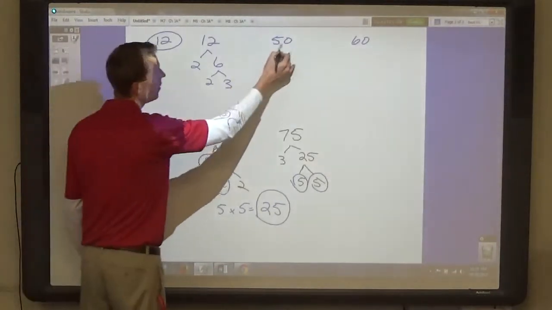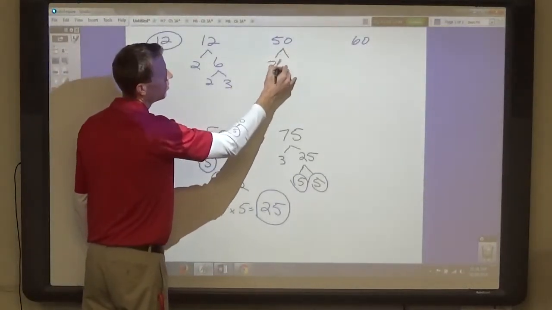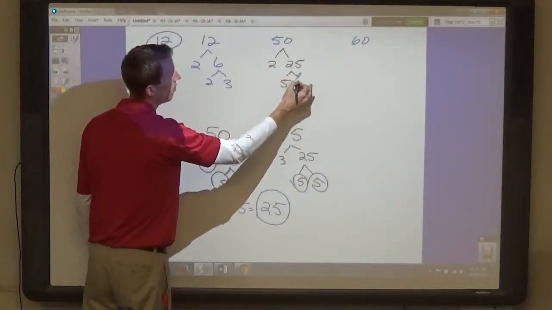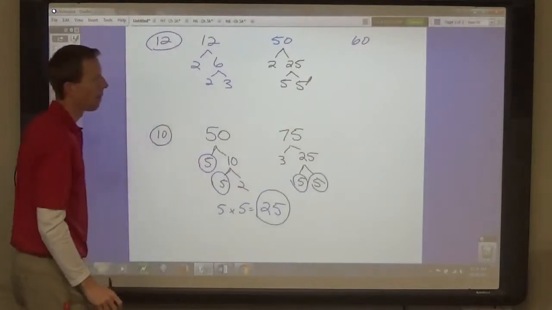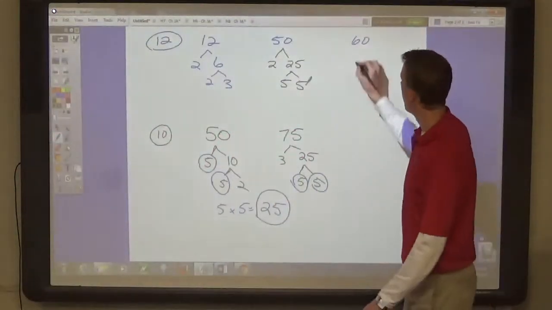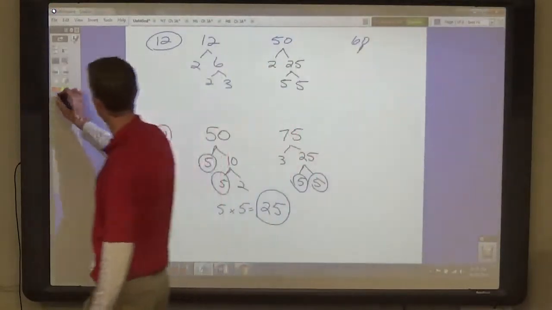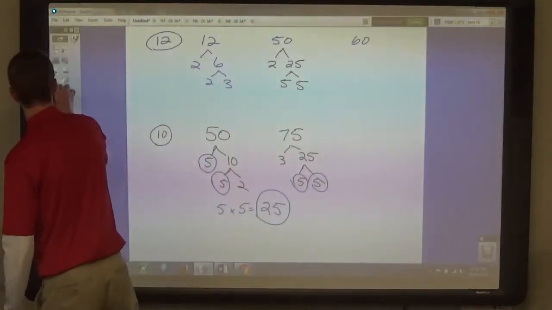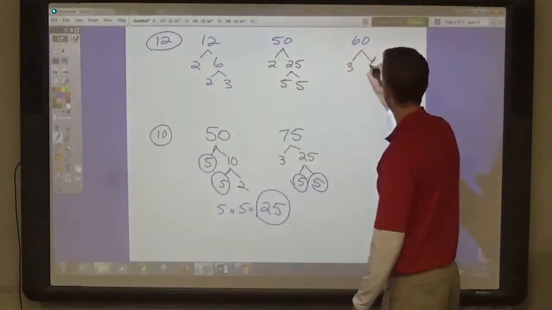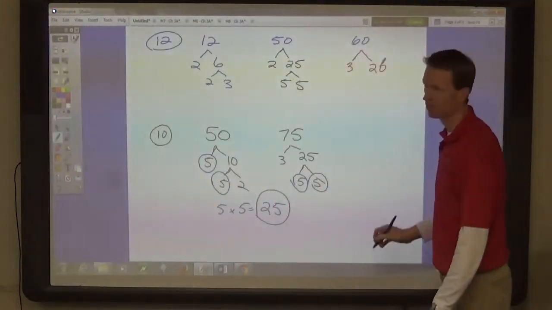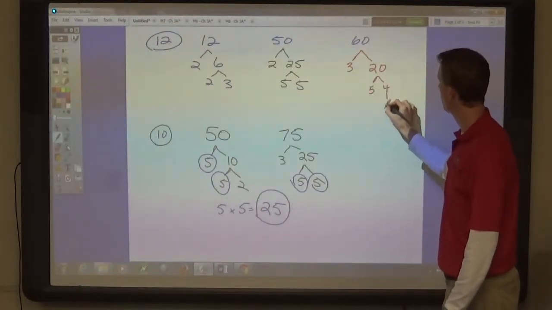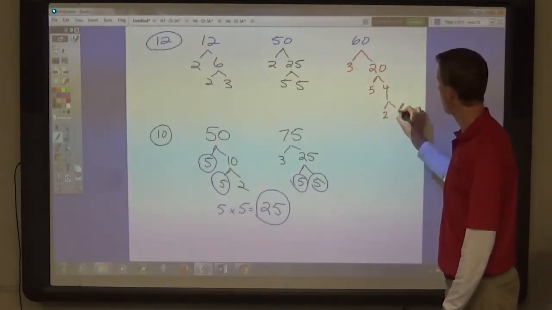Factor 50. 2 times 25 and 5 times 5. And factor 60. 3 times 20. 5 times 4. 2 times 2.